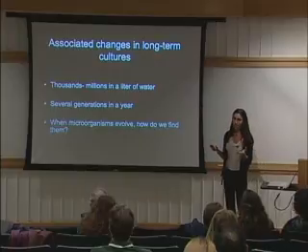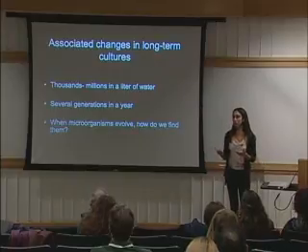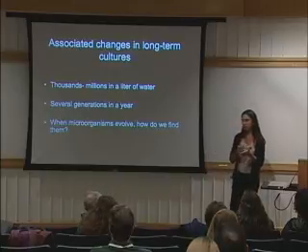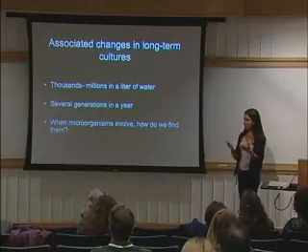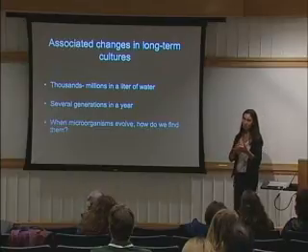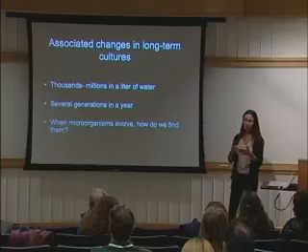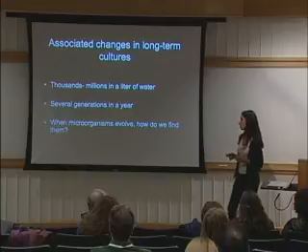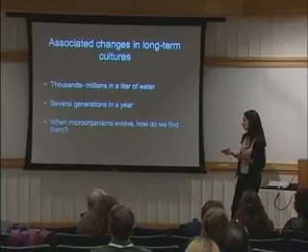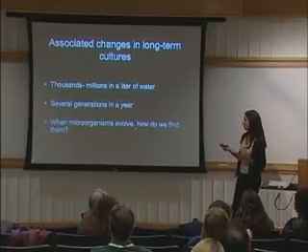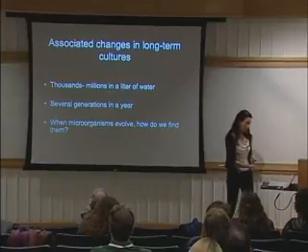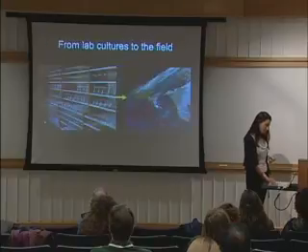If you think about how many generations a population experiences over a year, well, I don't know, but certainly when we grow the organisms in the lab and expose them to these abrupt conditions, there is a mismatch between the rate of increase in pCO2 and the number of generations the population undergoes. So the question is, when organisms evolve, how do we find them? How do we see that change? How do we see evolution?